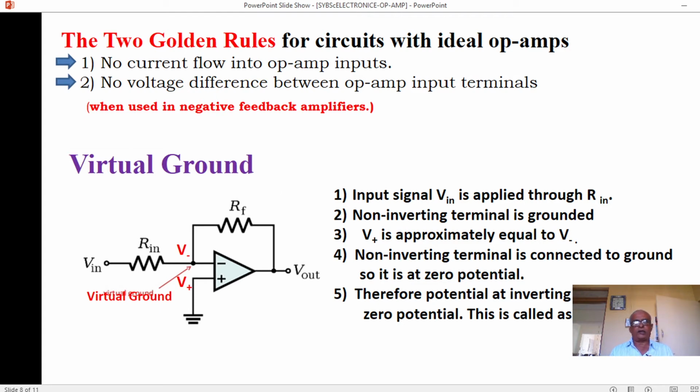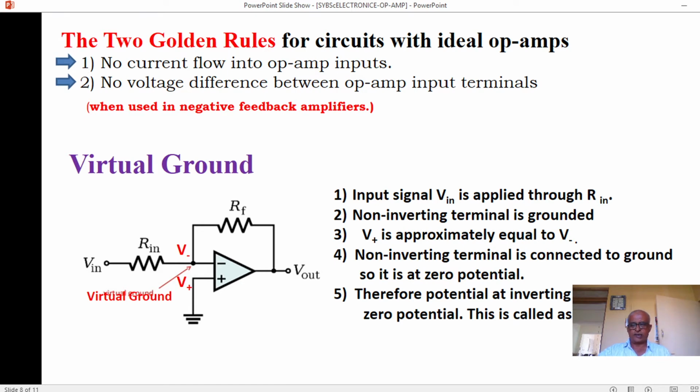Now we are going to consider two important rules which are used for ideal op-amps. These are very important, hence they are called the golden rules, because they are valuable rules in the theory of op-amps. The first rule: no current flows into the op-amp input terminals.